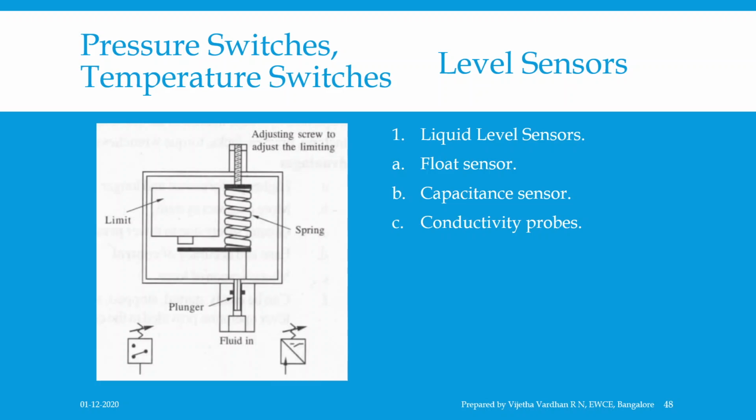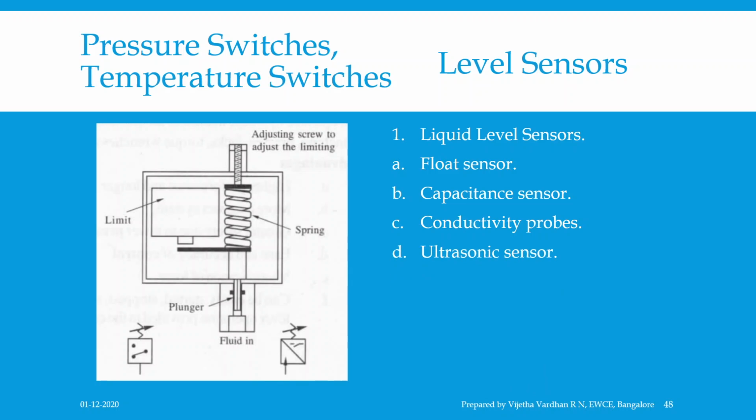Industries such as petrochemical, food, and pharmaceutical use corrosive liquids that can compromise the utility of conventional liquid level devices. In such conditions, conductivity sensors may be an ideal solution.